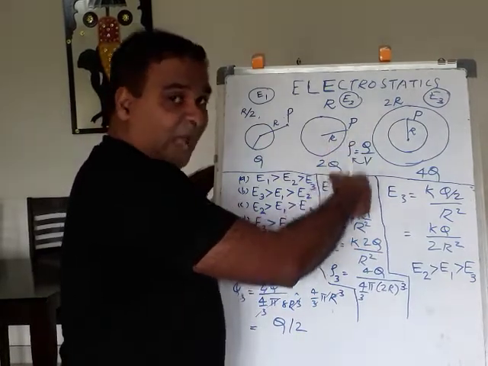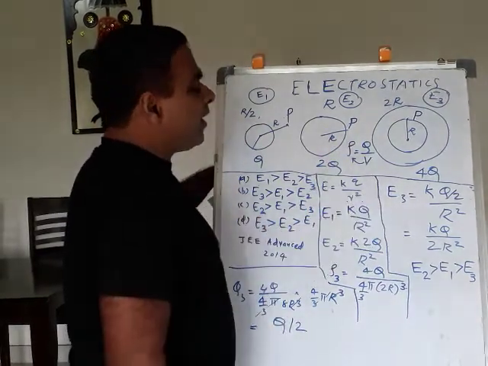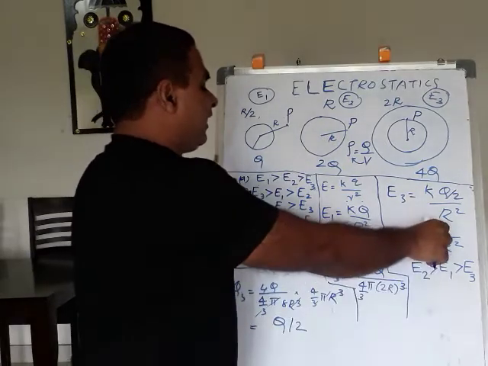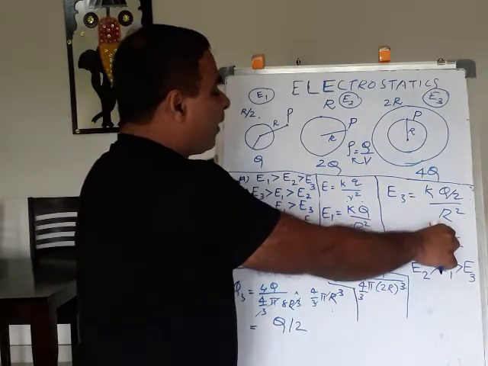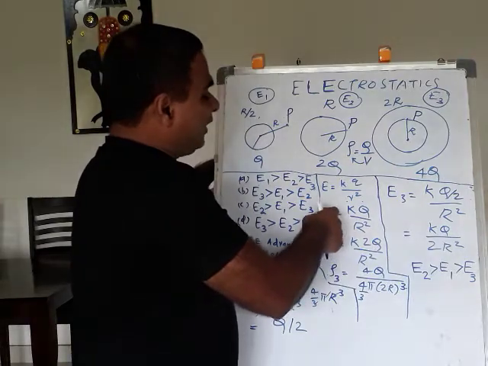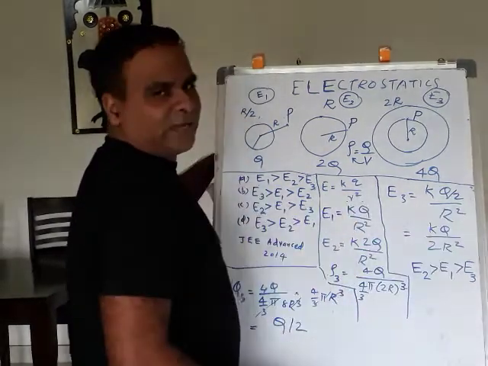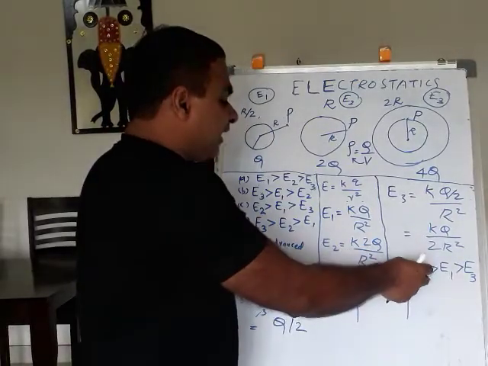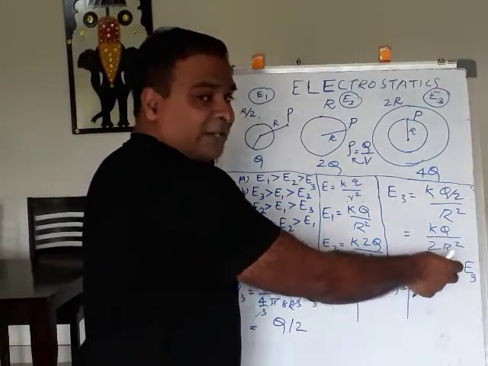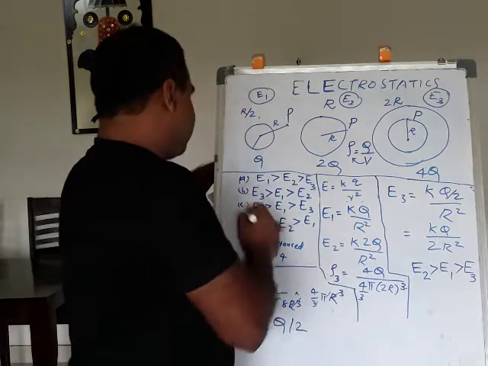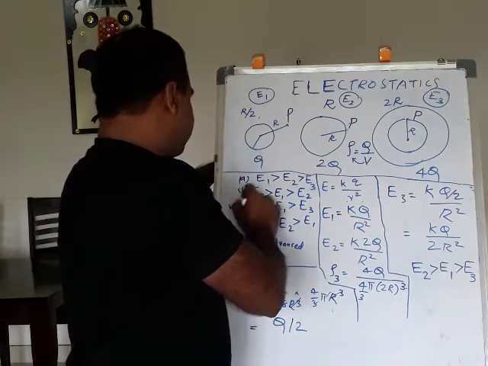E1 is half of that, KQ by R square. E3 is KQ by 2R square, again half of E1. So we can tell E2 is greater than E1, which is greater than E3. That is the third choice, C.